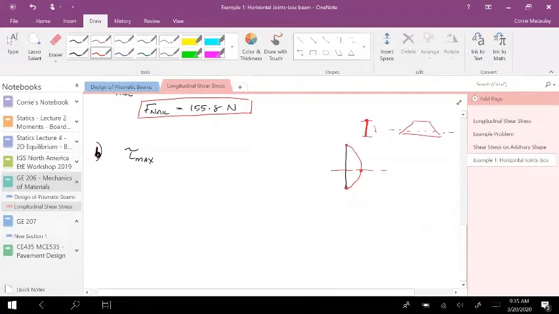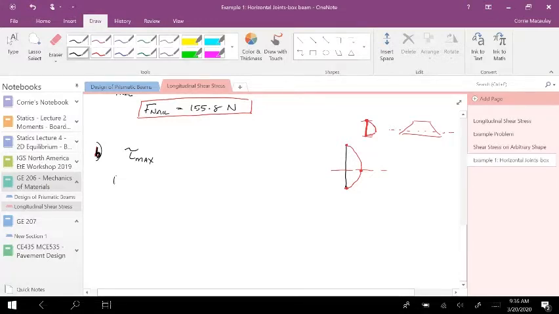So it's always maximum at the neutral axis, all the way to here and then back down to here, because Q is maximum at the neutral axis. All right, so we need to calculate Q. Again, shear stress is VQ over IT, so we need to calculate Q because Q is going to change. V is not going to change, I is not going to change, and then we need to figure out what the thickness is at the neutral axis.